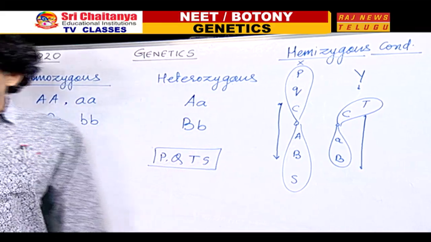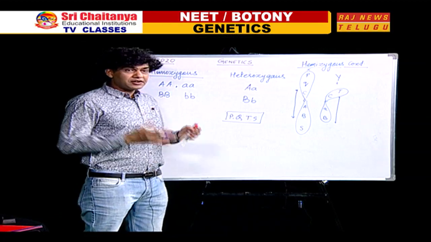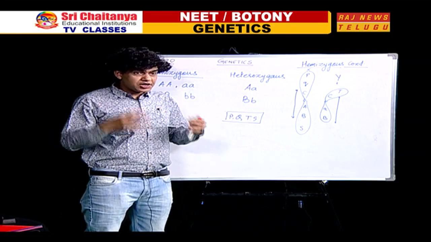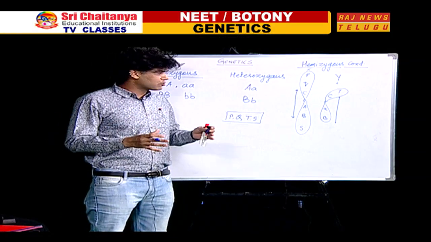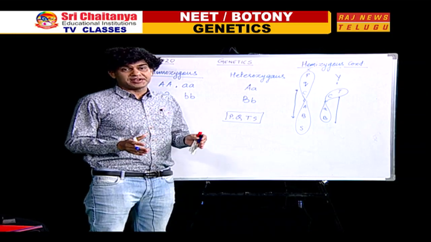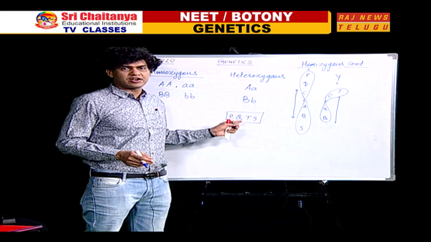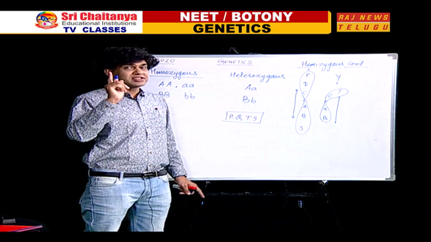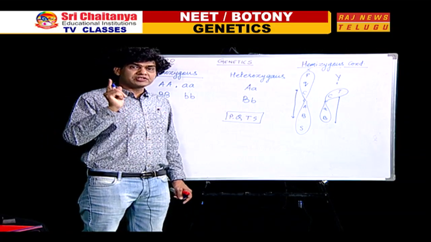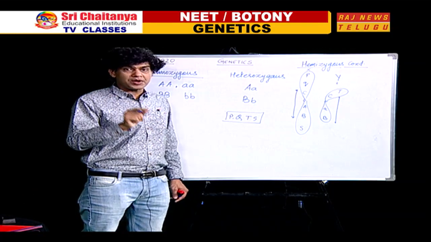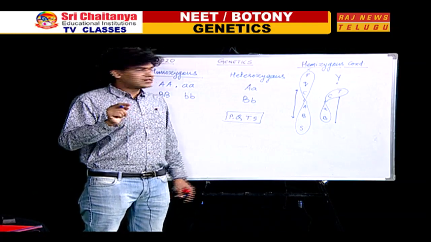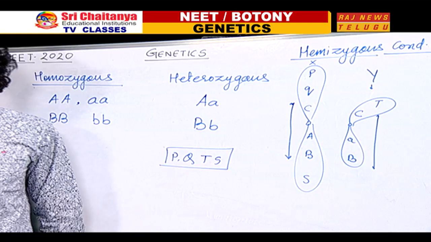these four genes are present in a diploid organism, where the X chromosome as well as the Y chromosome is present. But these four genes are such kind of genes which are present in a single copy. Whenever any gene is present in a single copy in a diploid cell, that condition is known as the hemizygous condition.